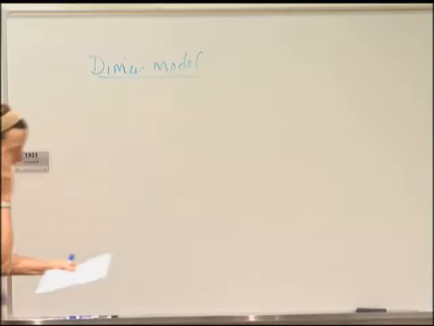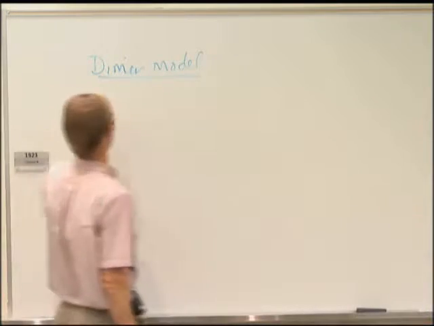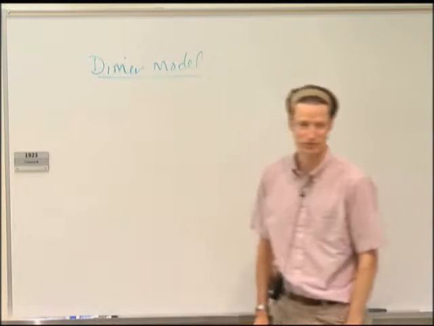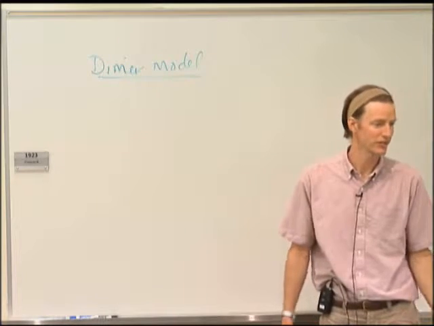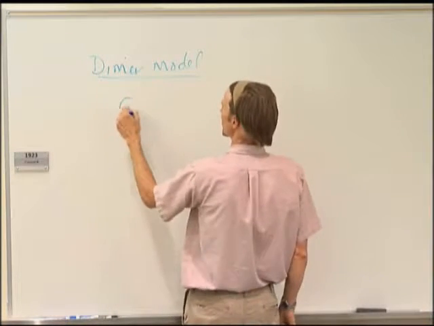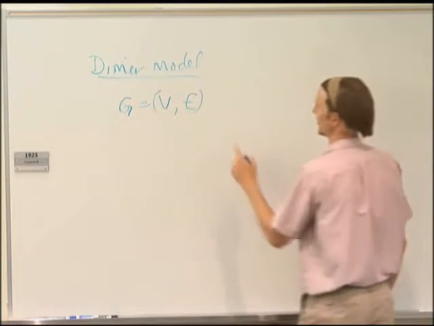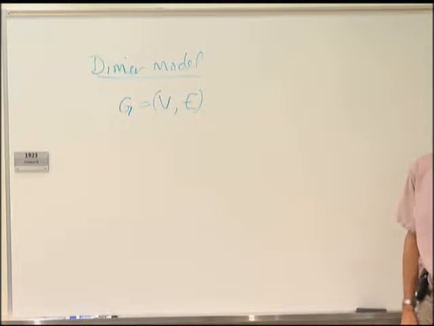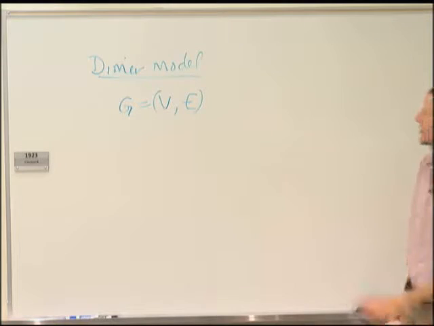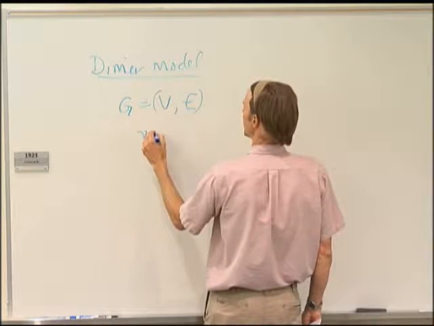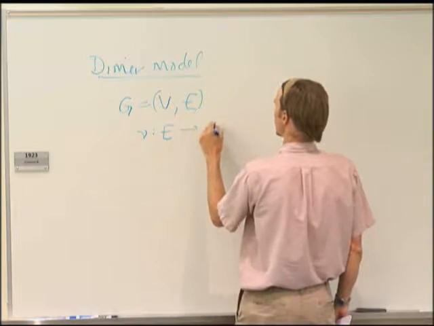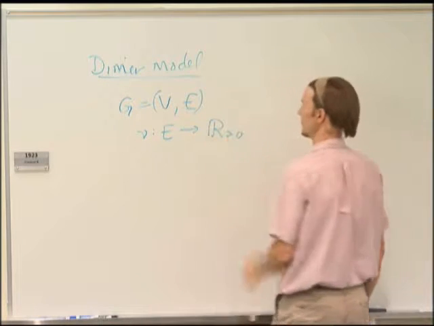So the dimer model is a probability measure on the space of perfect matchings of a graph. We're going to start with a graph, a set of vertices and edges, and in general we're going to have a weight function on the edges, nu, and it's going to take positive real weights.